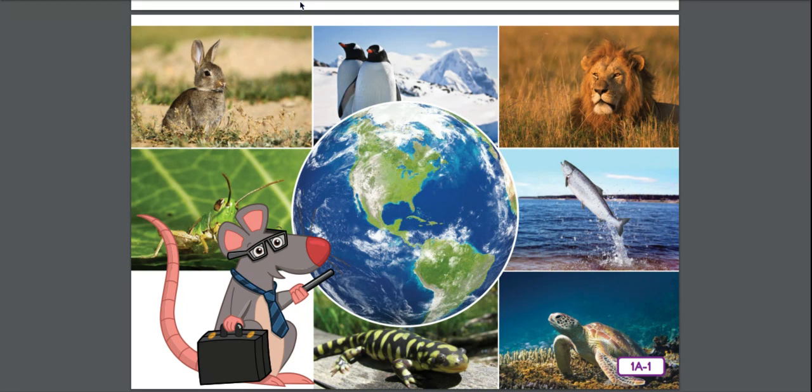By placing those into groups, scientists can study them. They can see relationships between them. For example, the mammal group includes animals that give birth to live babies, whereas the bird group includes animals that lay eggs.